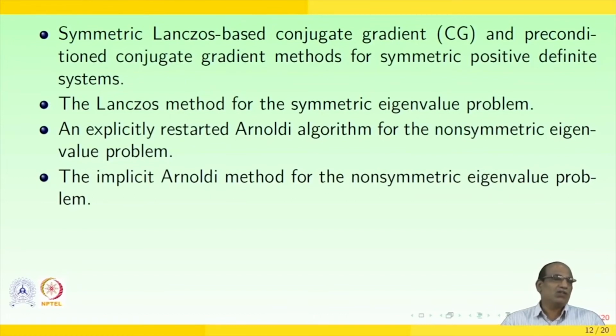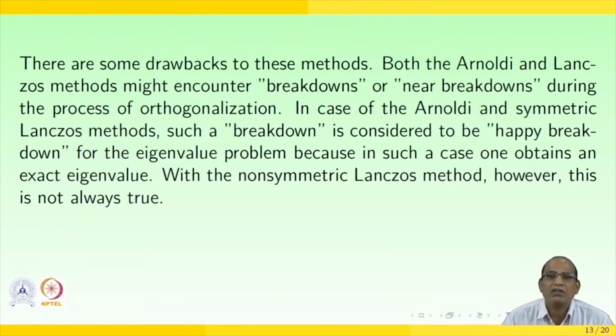That is one example you can draw from the project. There is also the Lanczos method for symmetric eigenvalue problems, an explicit restarted Arnoldi algorithm for non-symmetric eigenvalue problems, and the implicit Arnoldi method for non-symmetric eigenvalue problems.